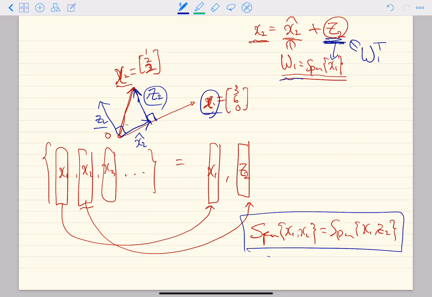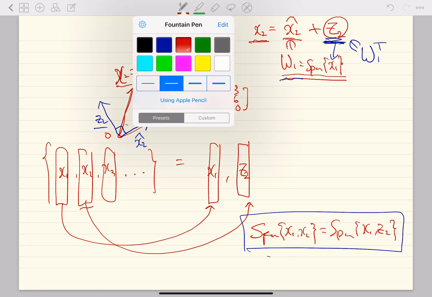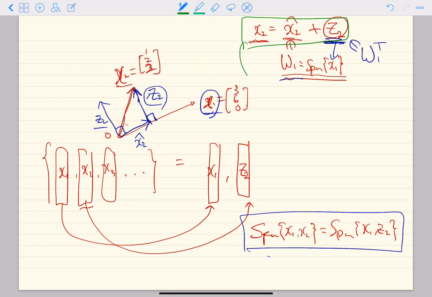Okay, so let's rewrite it into this form: z2 as x2 minus x2 hat, right? And x2 hat belongs to W1, and so it is a linear combination of x1 because it belongs to the span of x1, right?